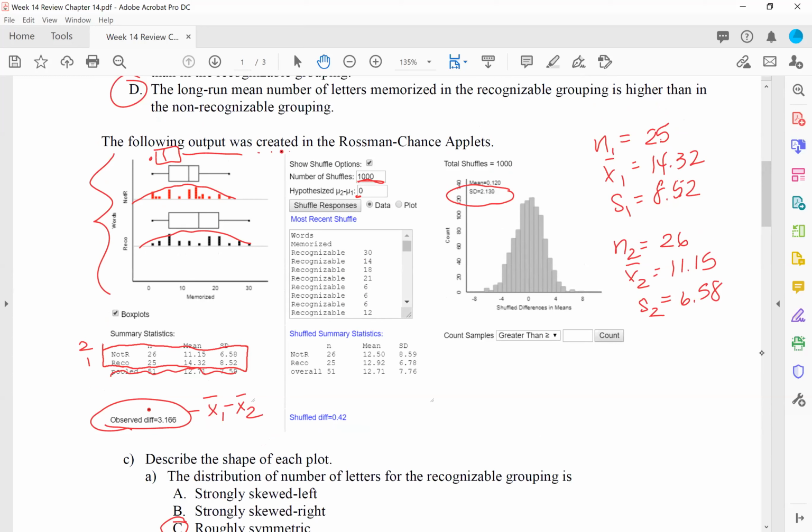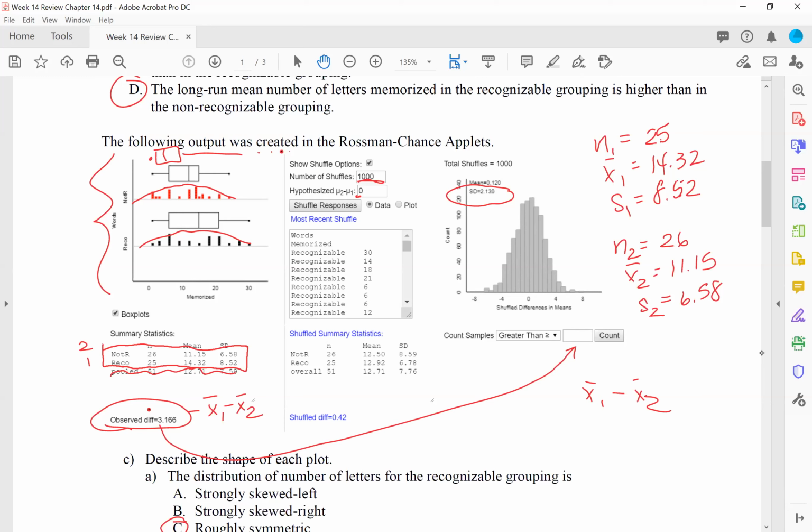Okay, yep, we're going to count samples from our difference, right? What value do we want to count from? What's our statistic? Would it be one of the means? So it's not going to be just one of the means. We're going to use that x bar 1 minus x bar 2.